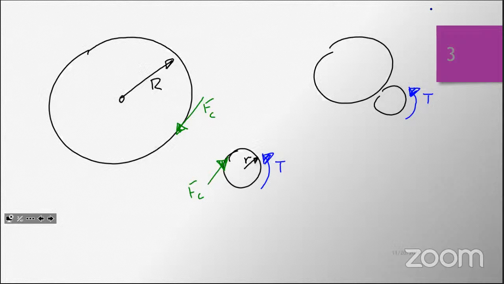To draw the motion, this is going to be my theta and my omega. Then this changes the direction, because as this one rotates this way, it'll push here, and this one will rotate the other way.